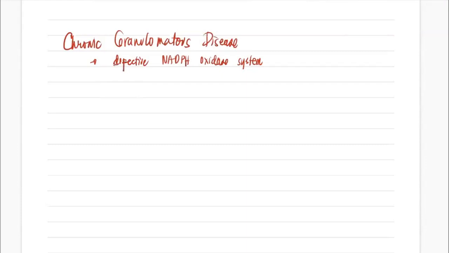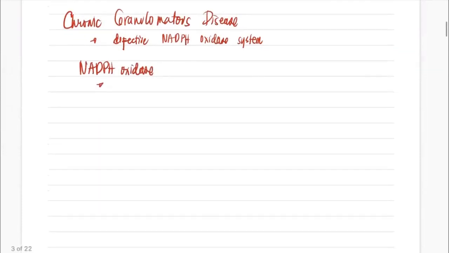Okay? In the oxygen-dependent pathway, your NADPH oxidase, ano ba yung function nito? Bakit sobrang importante nito? Because NADPH oxidase is capable of reducing oxygen to superoxide.